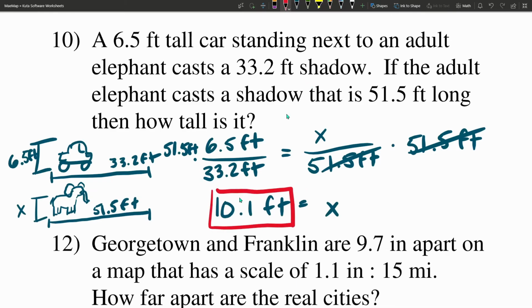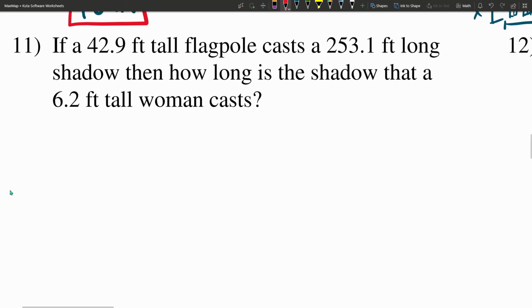Let's move on to number 11. All right, so for number 11, again, I think a picture is going to be useful. If we have a 42.9 foot tall flagpole that casts a 253.1 foot long shadow. So here we go. Here's my flagpole. It has a height of 42.9 feet.